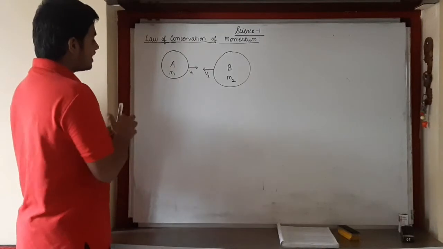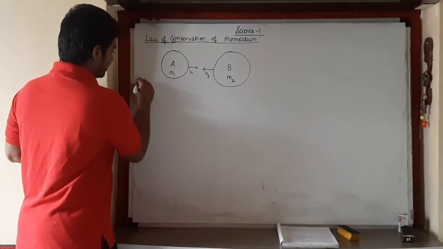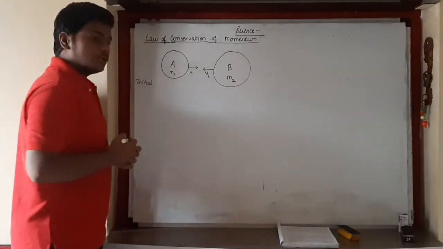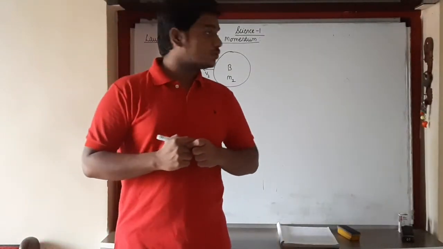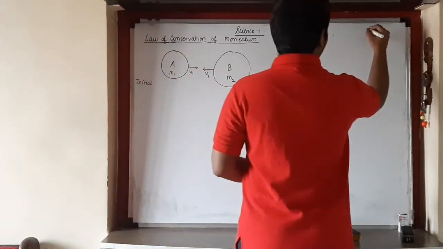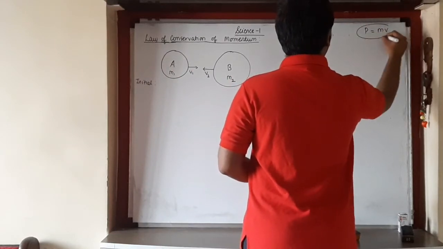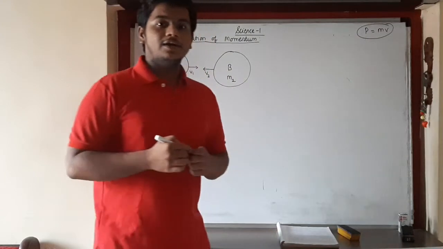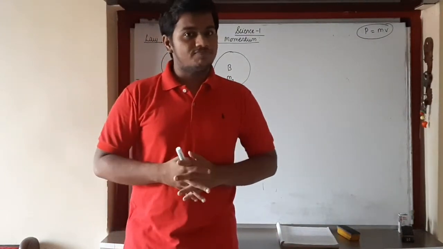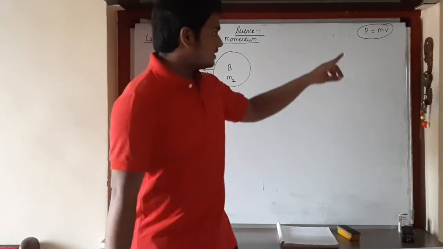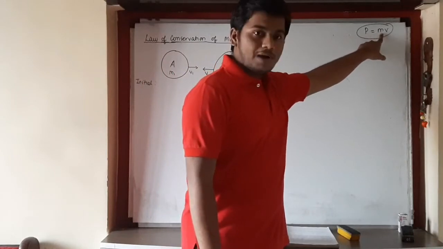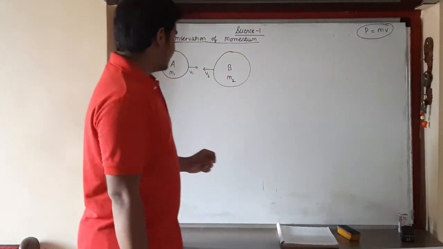So if we calculate the momentum, first we will calculate the initial momentum. So what is the formula for momentum, students? The formula for momentum p is mass into velocity, because we know that momentum is a product of mass and velocity.